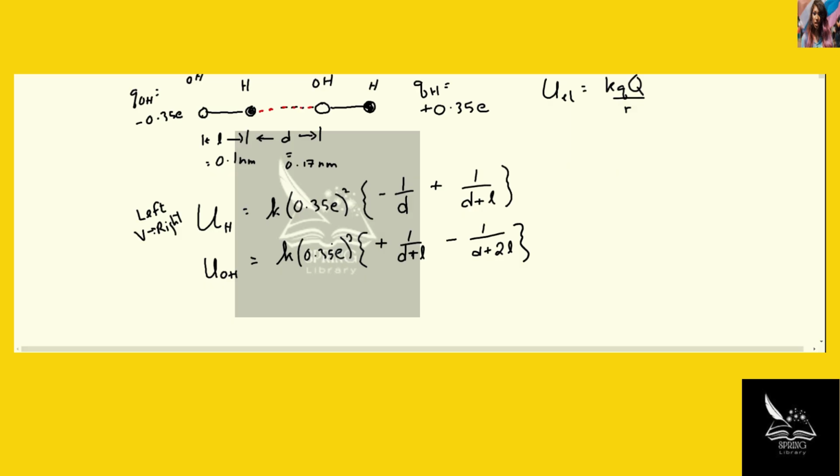I'll leave some intermediate steps, but we have K is 9 times 10 to the 9th newtons times meter squared over coulomb squared, and E is the fundamental charge.